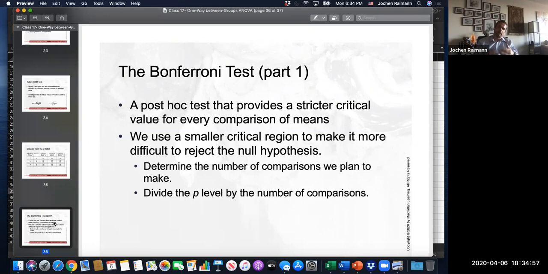Bonferroni is another post-hoc test which wants to account for the fact that there was multiple testing involved by essentially reducing the critical value. So you're dividing the p threshold that you're willing to accept, which is the alpha level of 5%, by the number of comparisons.